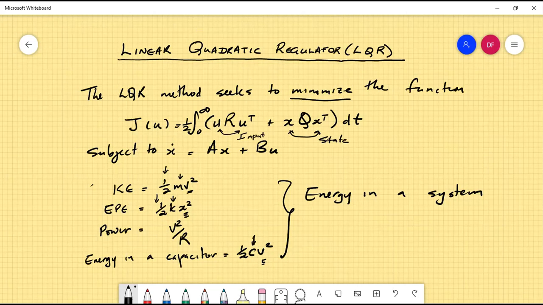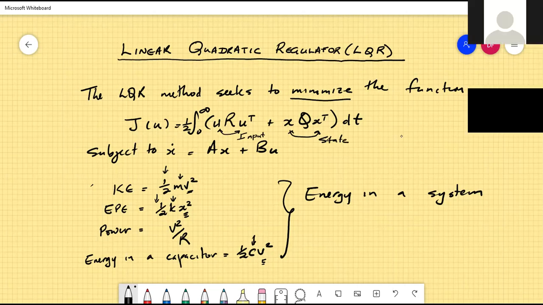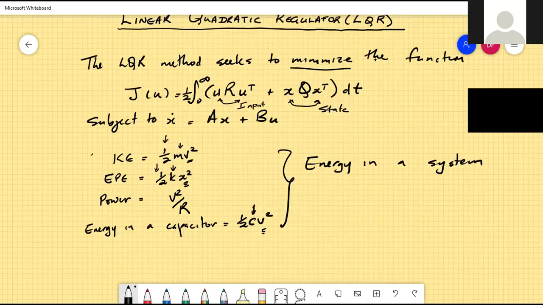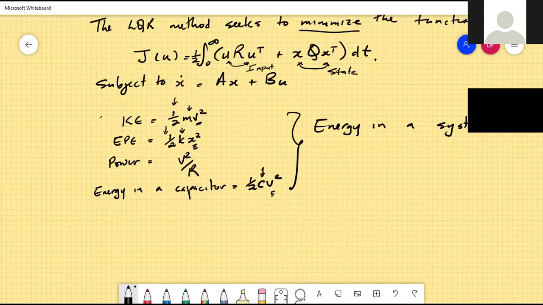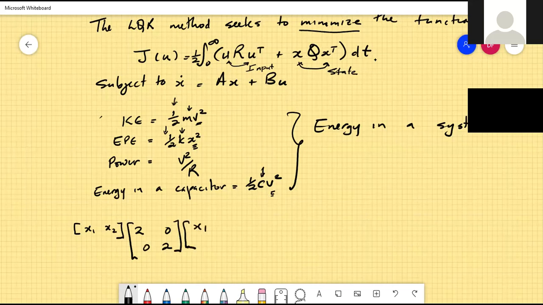Let me go a little further before we write it down. For example, if I have x1, x2 times the matrix 2, 0, 0, 2, times x1, x2.